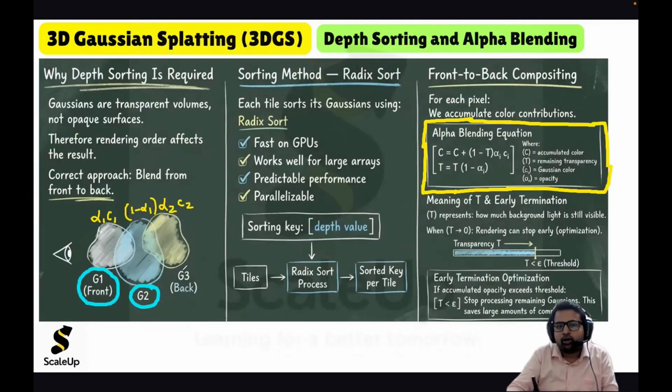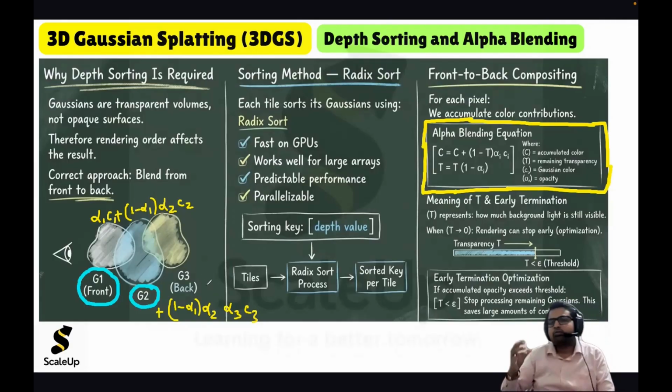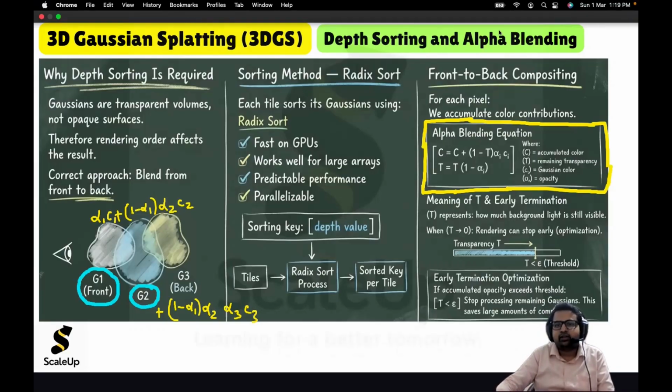And like that, the contribution of G3 will be 1 minus alpha 1 times 1 minus alpha 2, that is the previous transparency, the remaining transparency, multiplied by alpha 3 C3. Like that it will continue, and we add all of this, and that is the accumulated color we get. So this is the alpha blending equation, and it makes sense. It gives us the final pixel color.